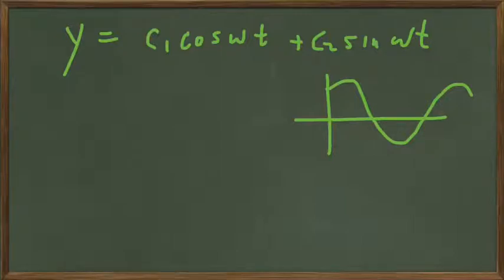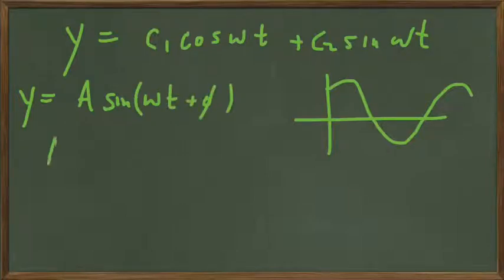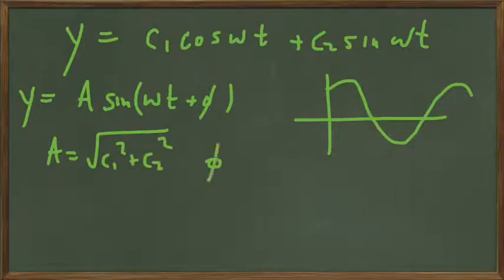In this case, we generally want to rewrite them in this form: A sine omega t plus phi, where A equals square root of c1 squared plus c2 squared, and phi equals tangent inverse of c1 over c2.